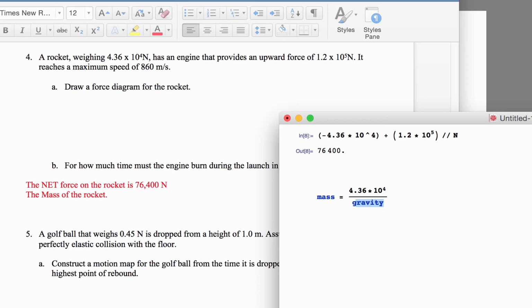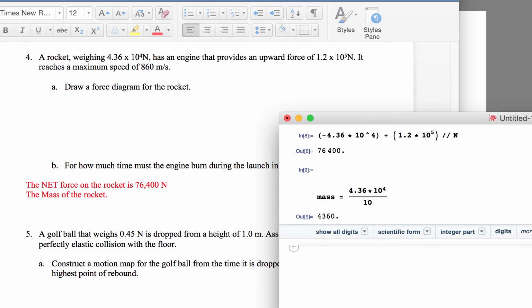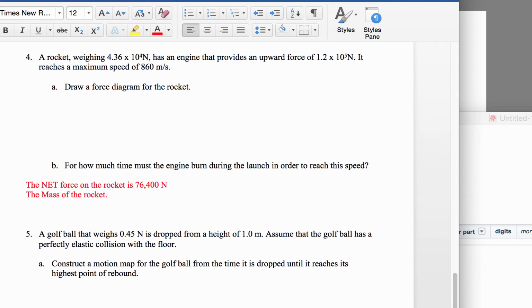And gravity on Earth is 9.8, but we're just going to use 10. I'm not going to put units because calculators don't do units well. But it'll be a mass in kilograms. Bam. So 4,360 kilograms.